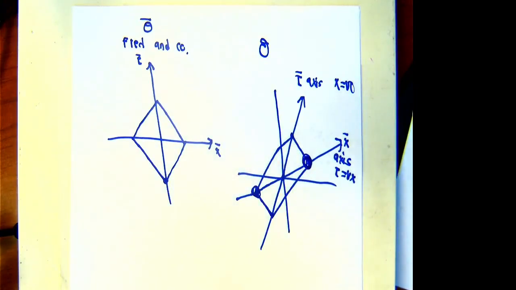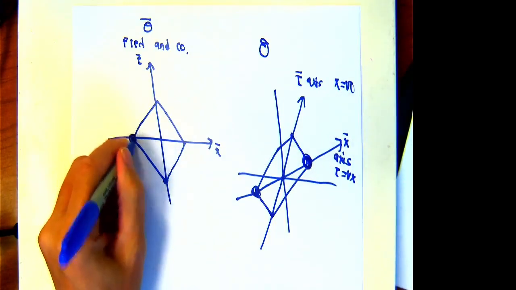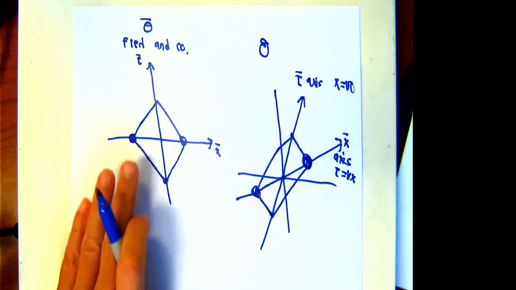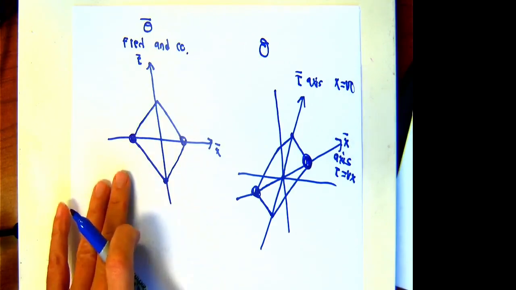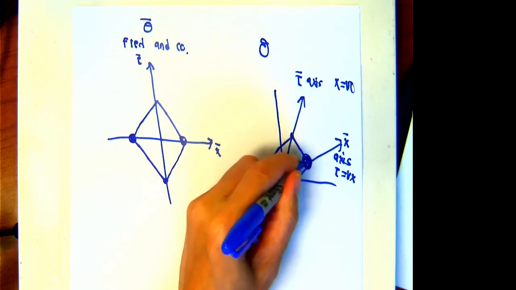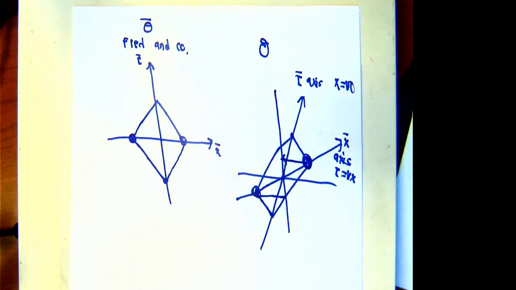As measured by the network of unbarred individuals, the reflection of the two light rays from the two mirrors, which happened at the same time according to Fred and company, do not happen at the same time. We have to give up the idea of simultaneity.